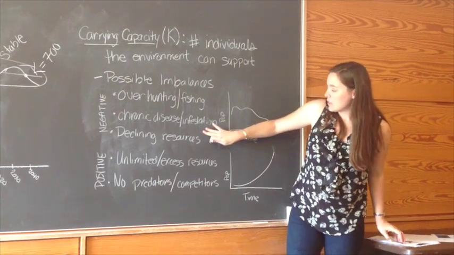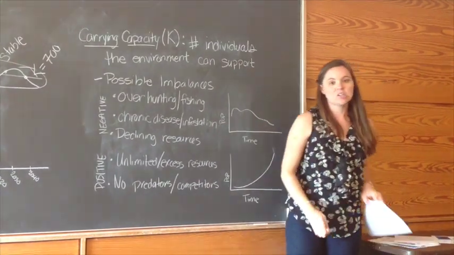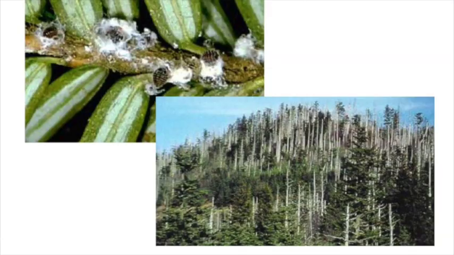Another negative impact might be chronic disease or infestation, like the woolly adelgid. This is a bug from Asia that causes this woolly growth on the hemlock trees, and it's killing the hemlock trees a lot faster than they can grow back.